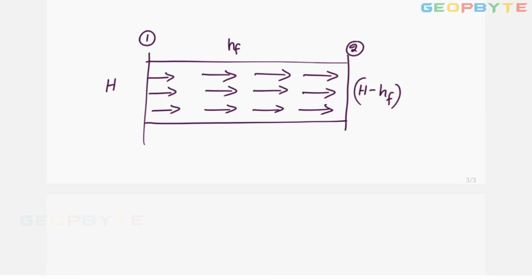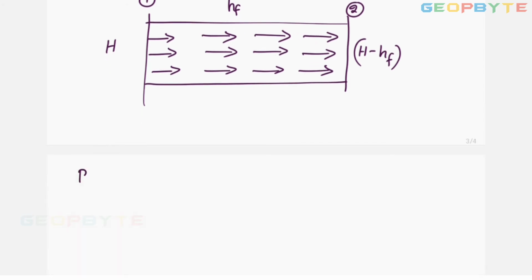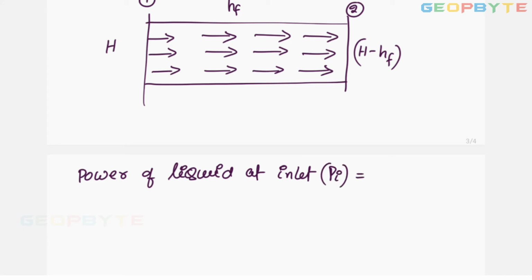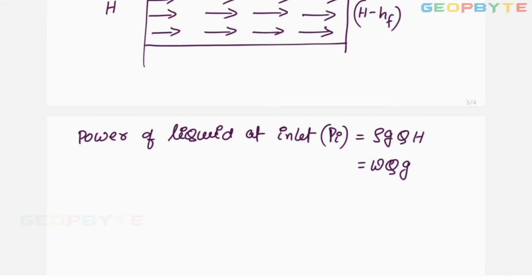Then power of the liquid at inlet, Pi is equal to rho g Q H. This is the formula. This rho g I can also write as W into Q into H. WQH, that is the power of the water at the entrance of the flow.